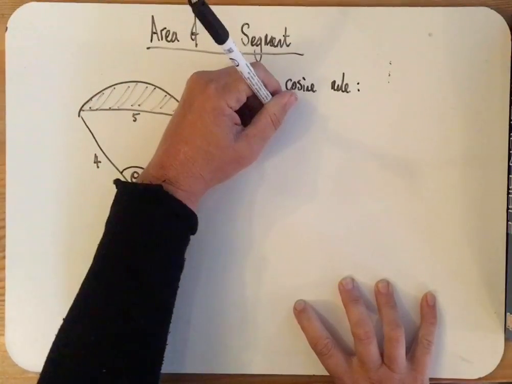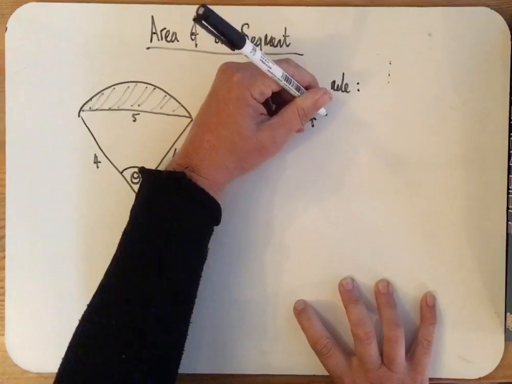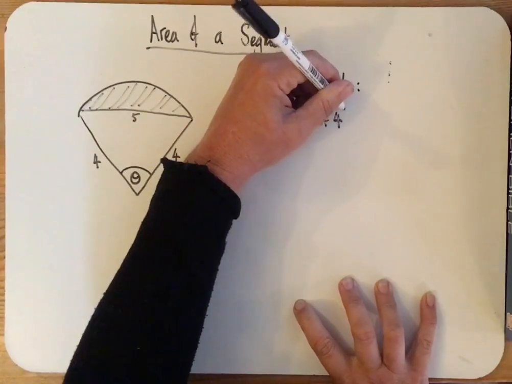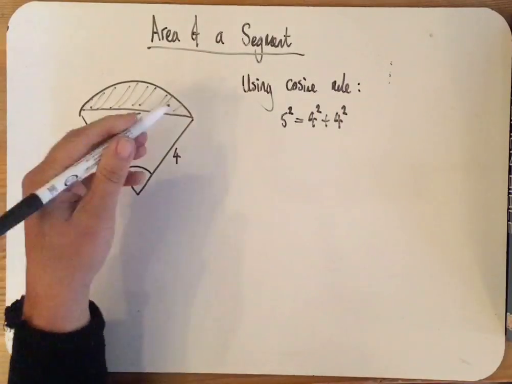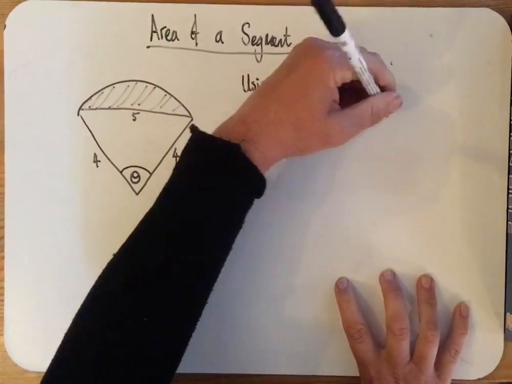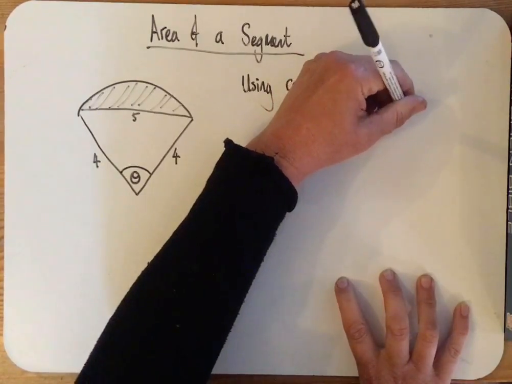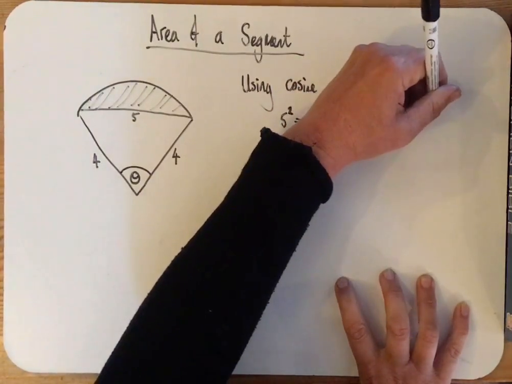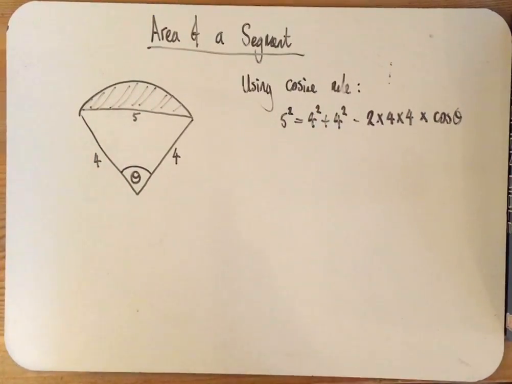So the opposite squared is equal to two sides and the included angle on the right hand side. So it's 4 squared plus 4 squared minus 2 times 4 times 4 times cos theta. So it's a squared plus b squared minus 2ab cos C.